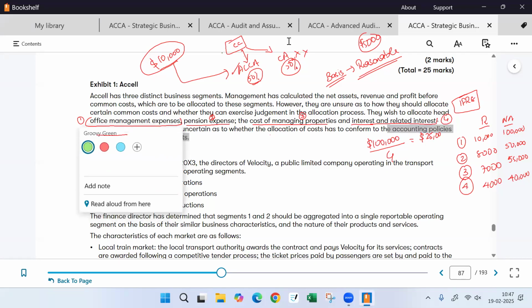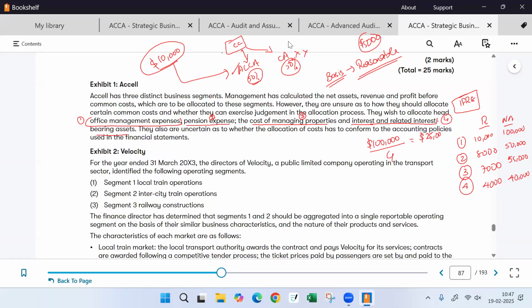Let me say the head office expenses are 5,000. If you split it equally, divided by 4, how much is the head office expense per segment? 1,250. Now, this is an equal split.